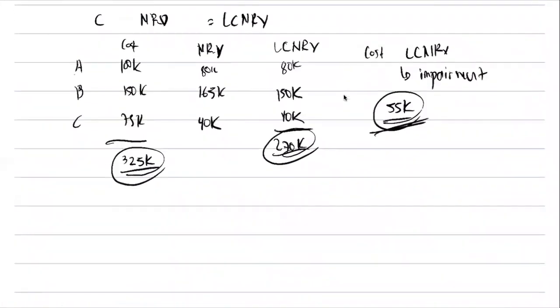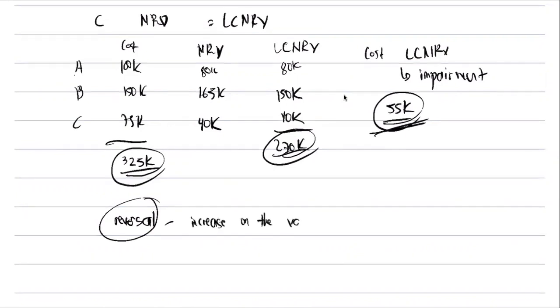For a reversal, you again get the difference between your LCNRV and your cost. If there is an increase, diba, you have learned already in impairment of loans regarding reversal, this is an increase on the value of the asset. So here, there is an increase on the value of inventory.